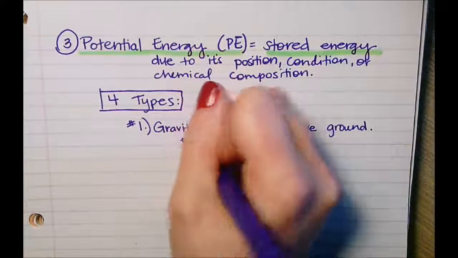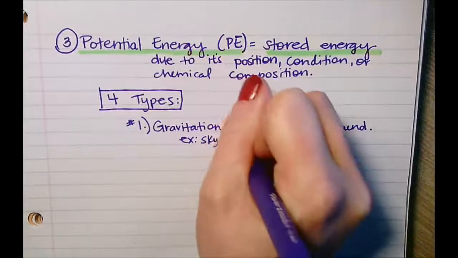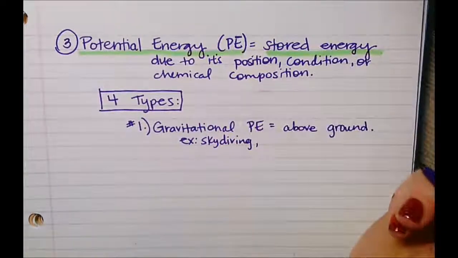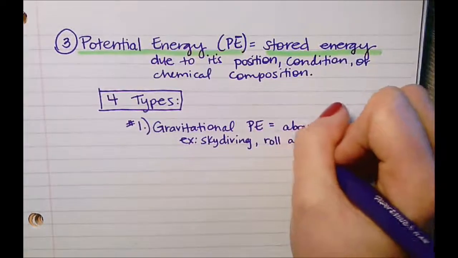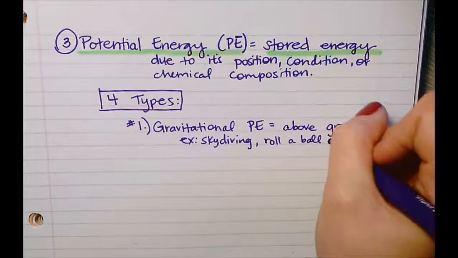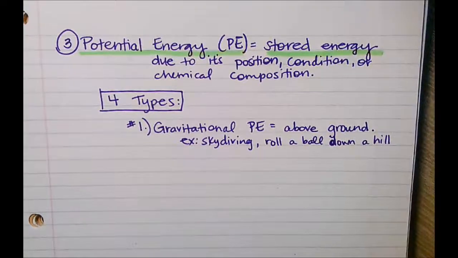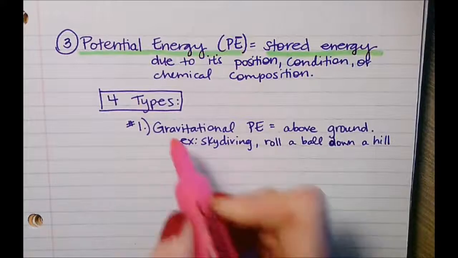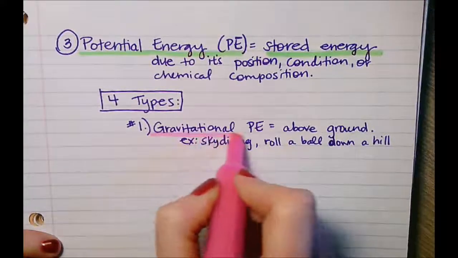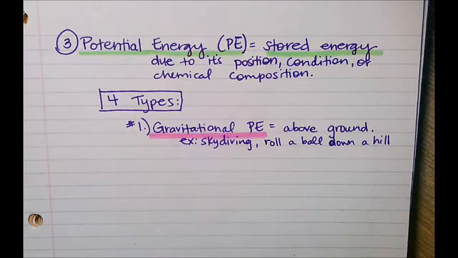An example would be if you were going to go skydiving, or you're going to roll a ball down a hill. Those are just some examples of gravitational potential, which is usually the most common one, and that's usually the one we would actually calculate. You'll see that when we get to the formula part.